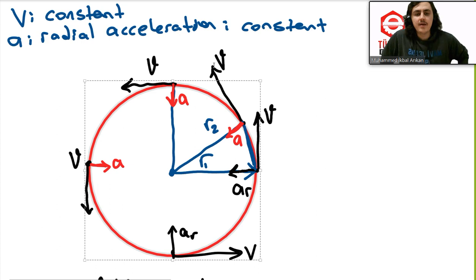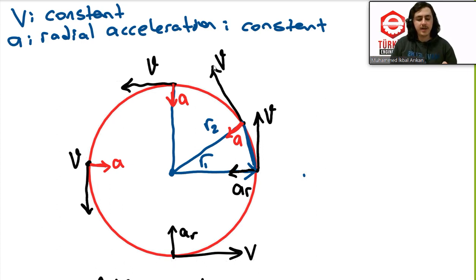So how can this motion happen? Just think about a car which is moving in a circular path. We'll start from this point. As you know, in translational motion, our velocity vectors must always be tangential to our path. So as you see at this point, my tangential line will be perpendicular to the radius line.